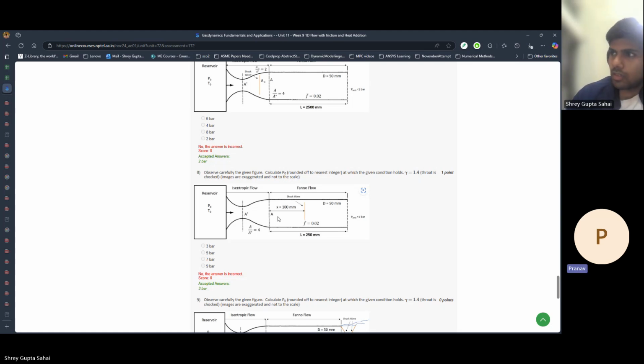The length is 2500. From the inlet it is 0.04, right? Then this one will be 0.5145 minus 0.04, so 0.4745. So at just before the shock, the f L max by D value should correspond to 0.4745, right?